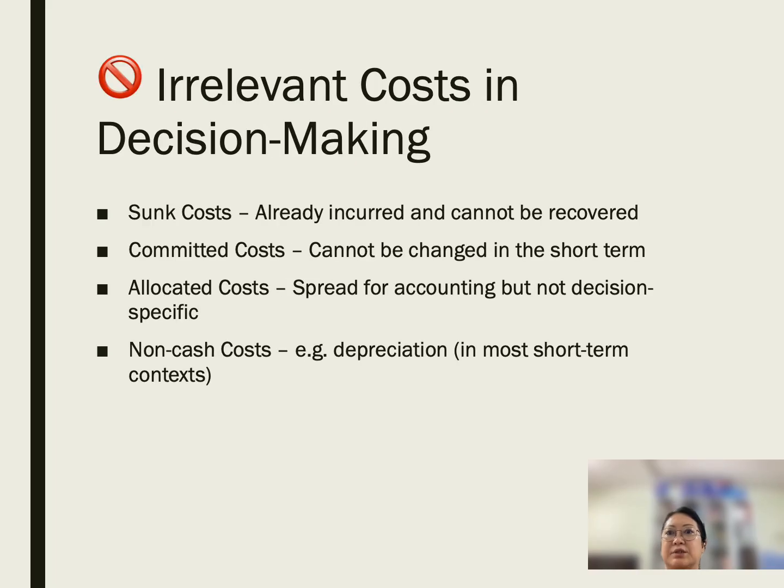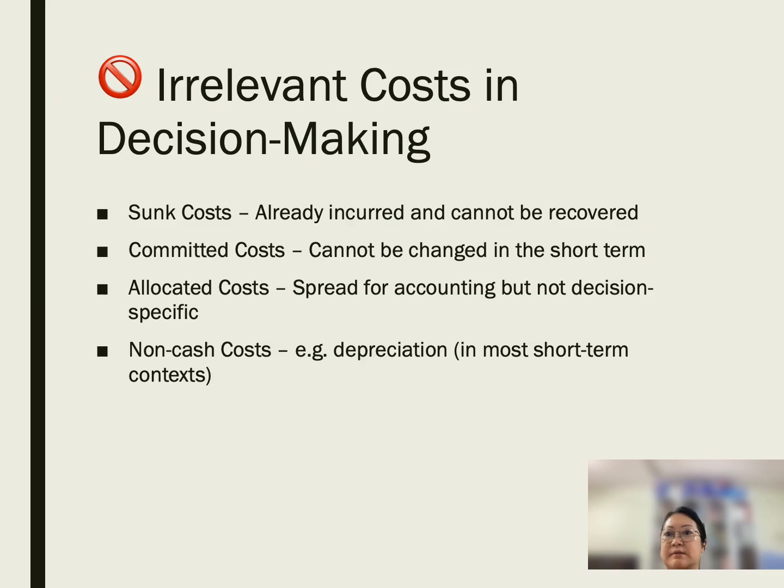Now, let's look at what not to include in relevant costing. First of all, sunk costs are definitely one. It is because sunk costs are already incurred and cannot be recovered. Committed costs are another one. You have locked into them and so they are unaffected by the decision.